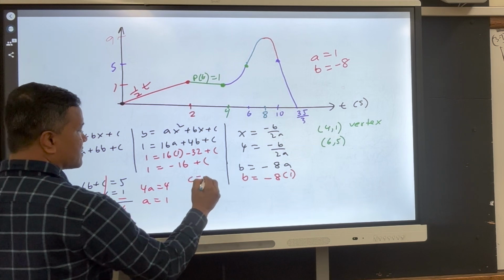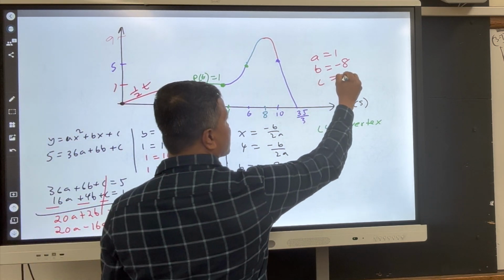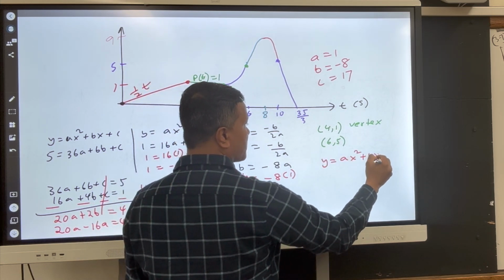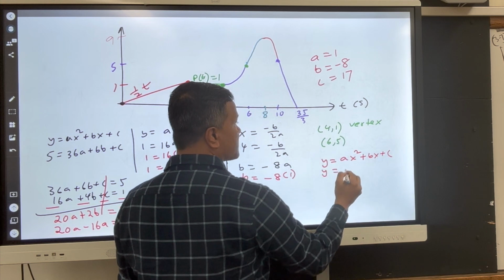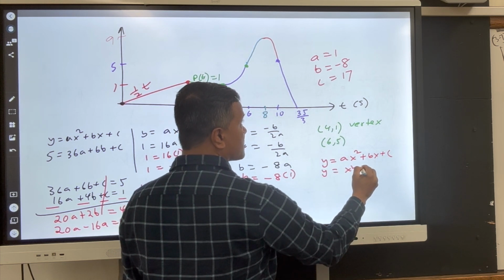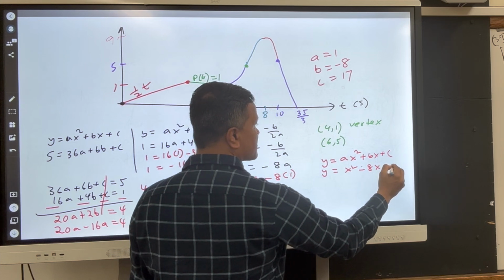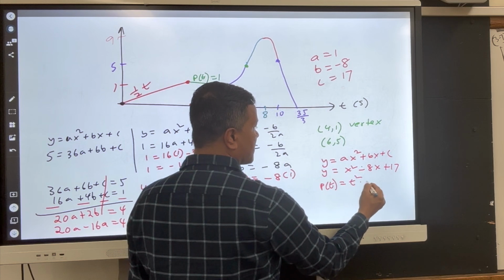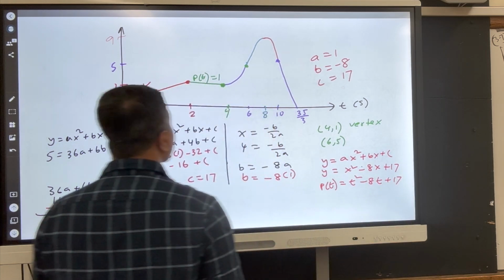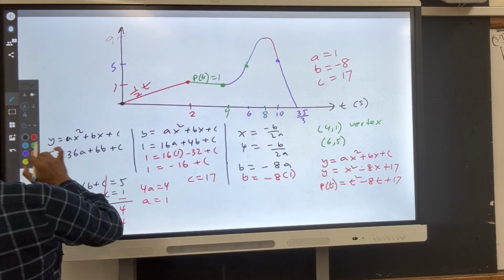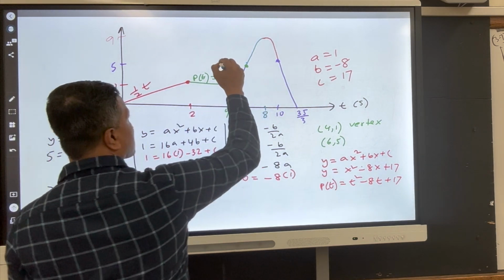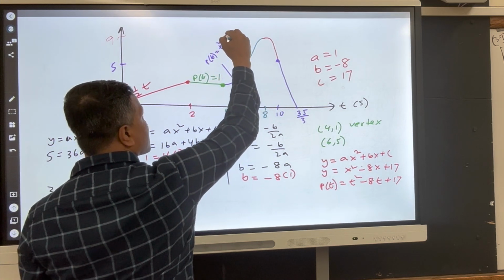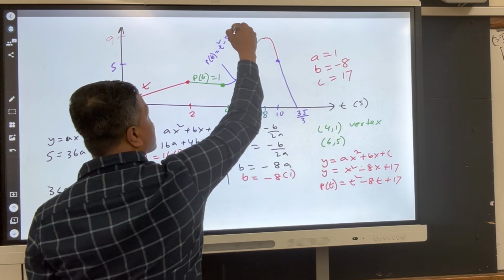So c is equal to 17. So y equals ax squared plus bx plus c, where a is 1. So y is x squared minus 8x plus 17. So p of t is equal to t squared minus 8t plus 17. So we finally found this one.